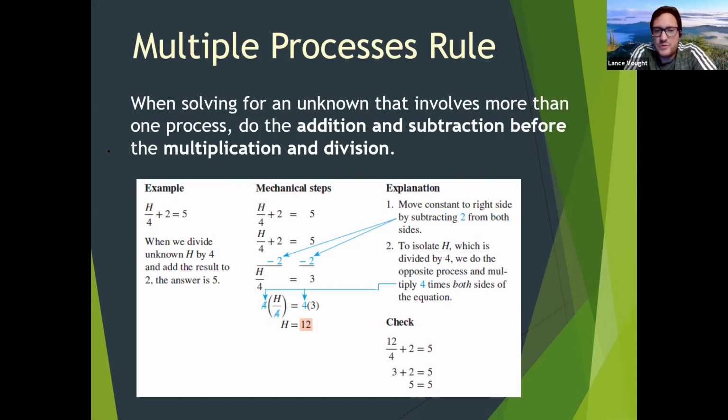Now, the first thing you should do when you have these problems is do the addition and subtraction first, and then do the multiplication and division after. I know with order of operations, when you solve a problem with everything known, you go parentheses, exponents, multiply/divide, and add/subtract.